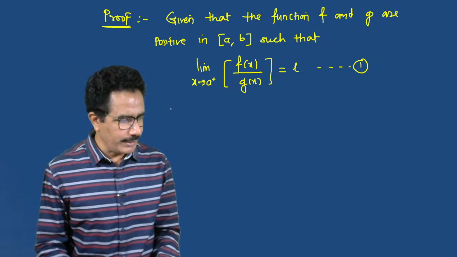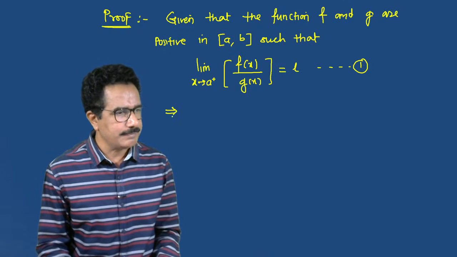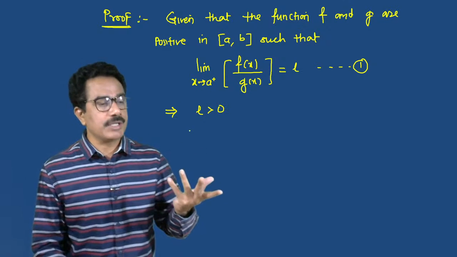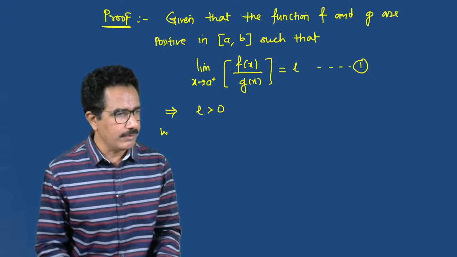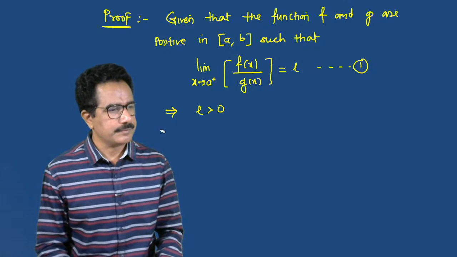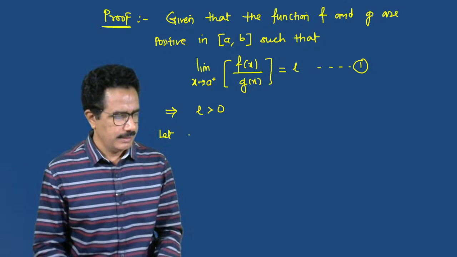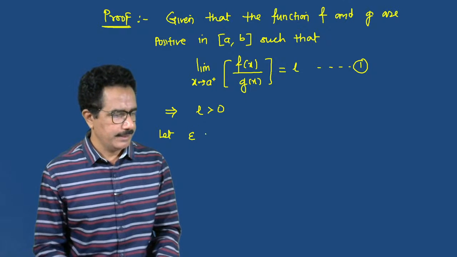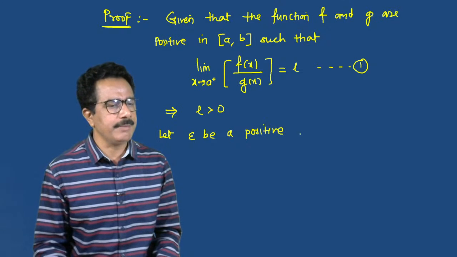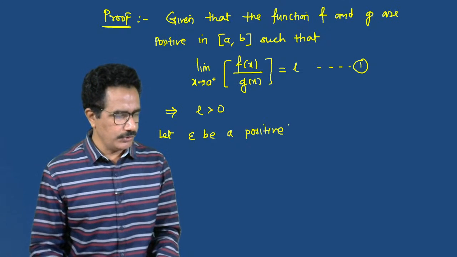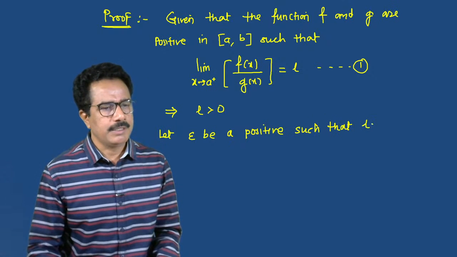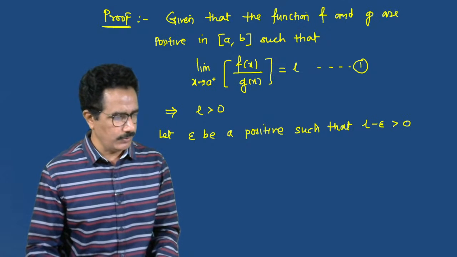So therefore we can say that this implies that L is greater than 0. Then according to the definition of limit, let epsilon be a positive number, such that L minus epsilon is greater than 0.